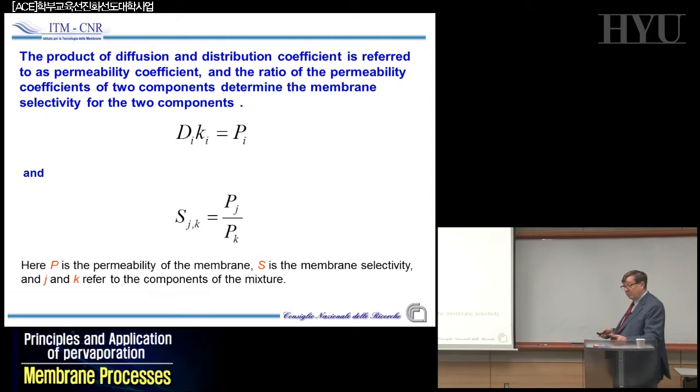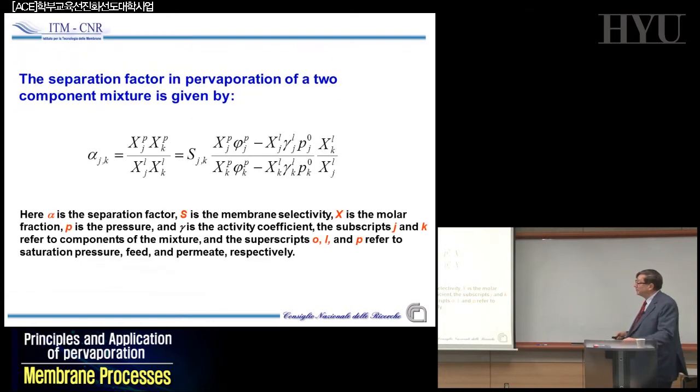Both cases exist, membranes in which the difference in selectivity is related overall to a difference in permeability. But permeability has a kinetic parameter and a thermodynamic parameter, and in some situations one is prevalent over the other. That is what you can measure independently and anticipate when you are doing these experiments.